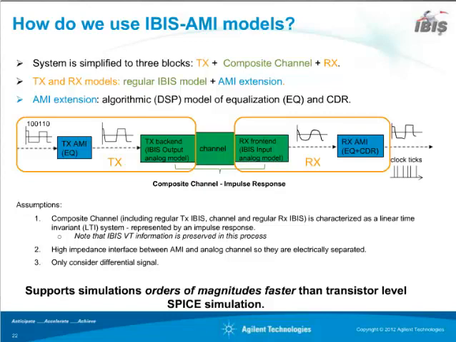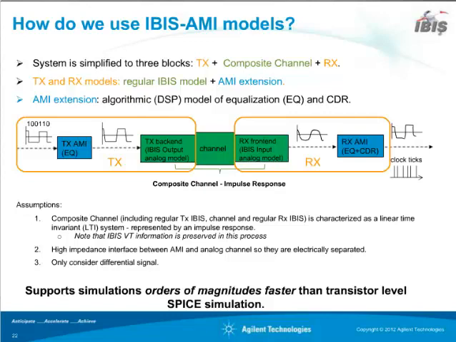What the simulator will do with this information is build a composite channel from the IBIS sections and your channel information, and that is something that will be characterized using an impulse response. Then the transmit and receive DSP functionality are treated separately. And that's this ability to take that center section and do an impulse response, characterize it as an LTI, a linear time invariant section. That is what gives us the access to speed that we're going to talk about.